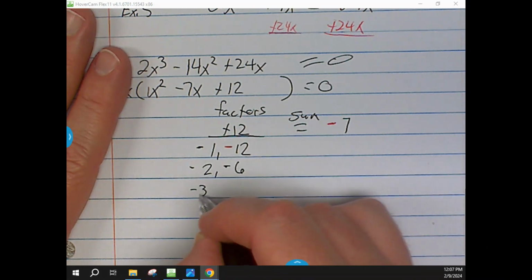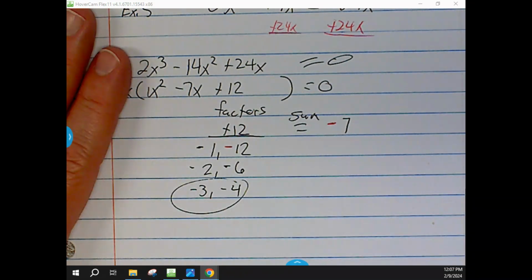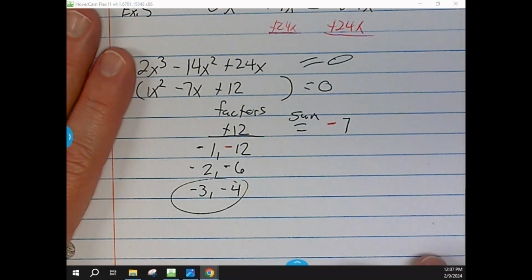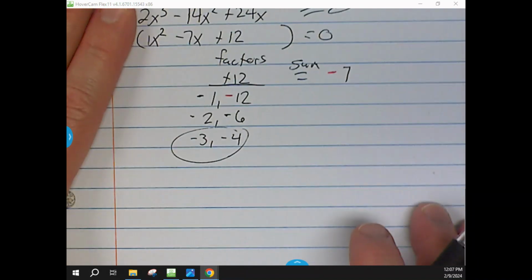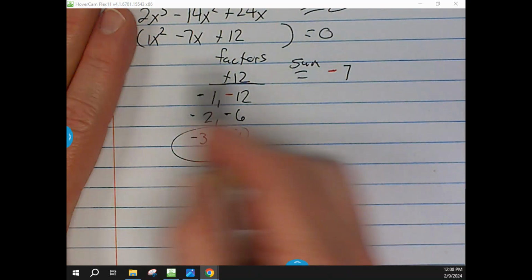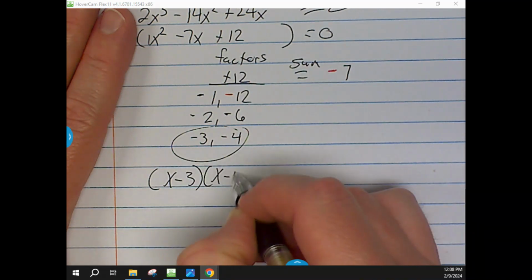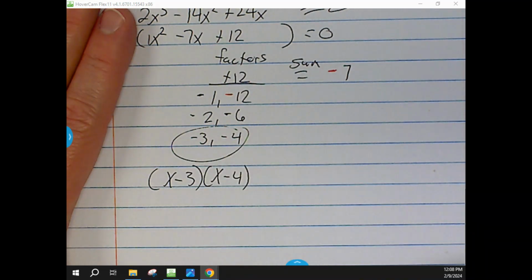Still not there. So then we got 3 and 4. Again, that's the pair we're looking at there. And I think that was one of the other examples we had, a 3 and a 4 with that one. Okay, again, still not doing anything with that 2x. We just covered it up for a little bit because we're still working on the inside of the parentheses. So that's going to be x minus 3 and x minus 4.